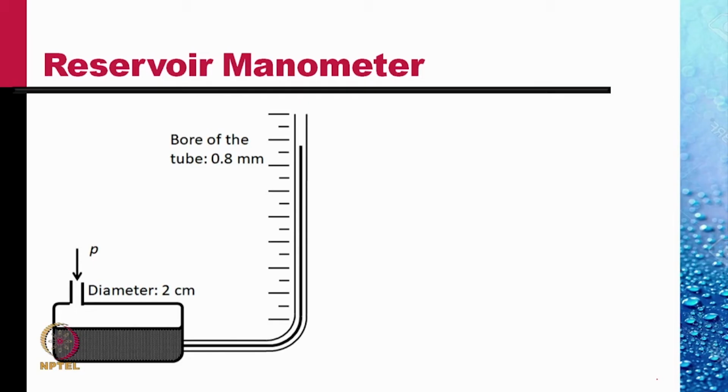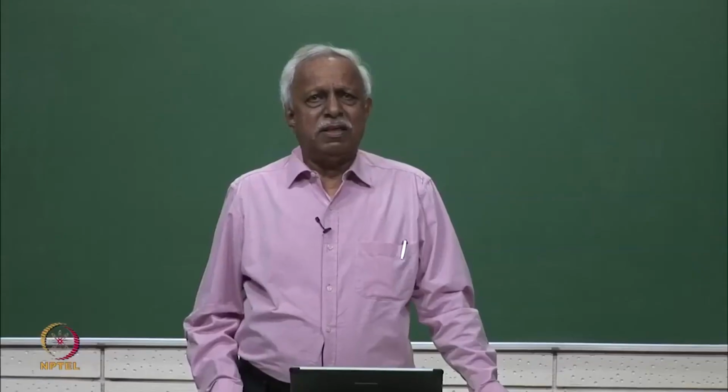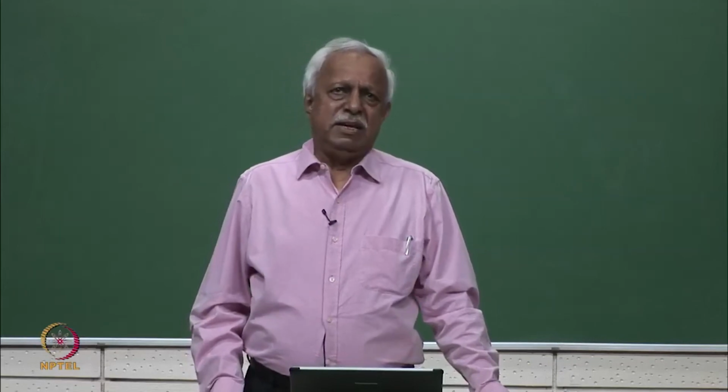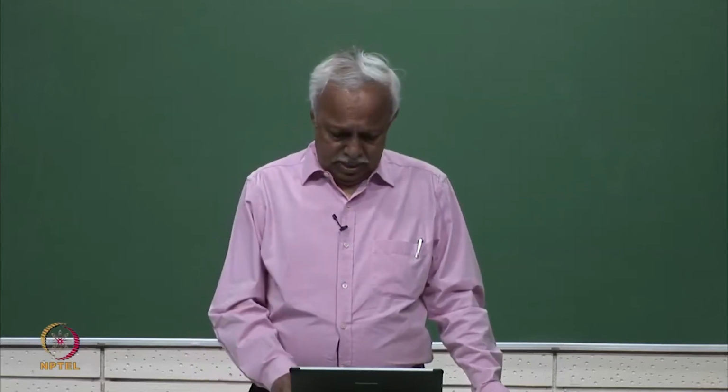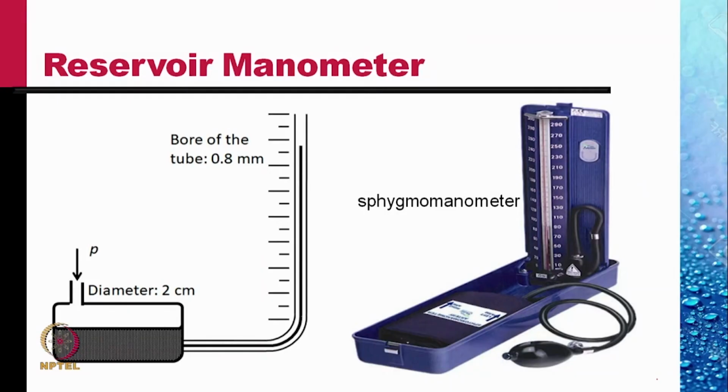So that by just measuring the height of the column on the scale provided, we can find out the pressure P. This is used in conventional blood pressure measuring equipment.